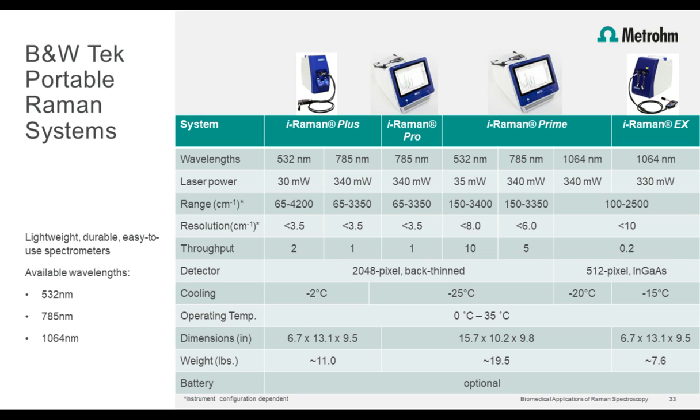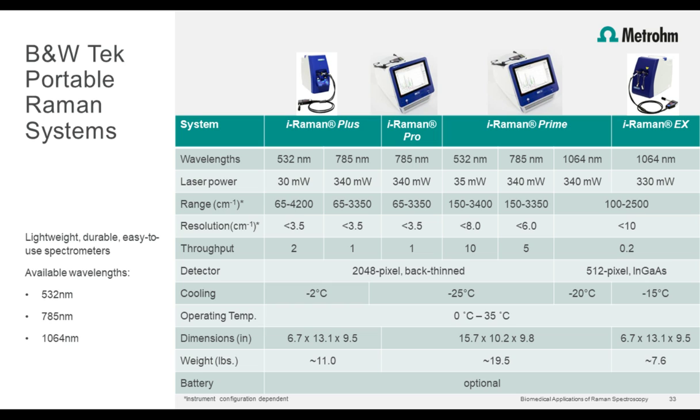Just taking a quick look at the benchtop laboratory Raman spectrometer family that we offer through our B&W Tek brand, which is what we've highlighted here. There are 4 different families of systems, covering different excitation wavelengths, different laser powers, as well as ranges and resolutions.